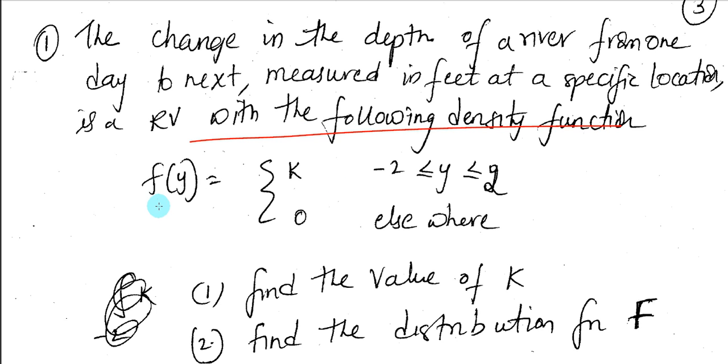The density function f of y is given to be k if y is between -2 and +2, and it is 0 elsewhere. The question here is, find the value of k and then find the distribution function of the random variable y.